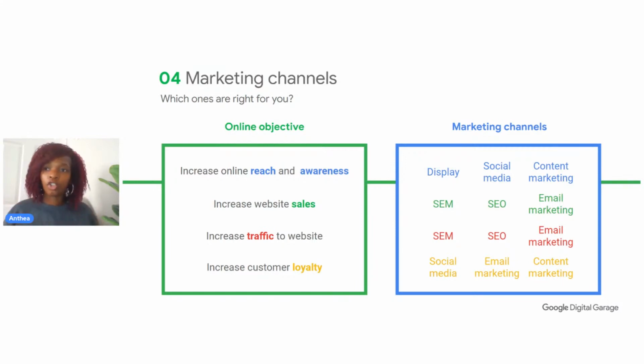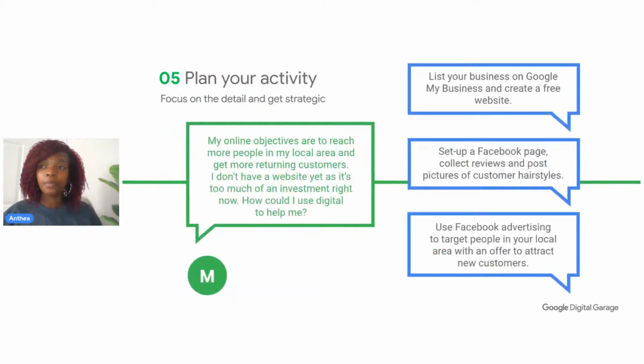If you want to increase traffic to your website, again, you might want to pay for that, improve your SEO, and also include links in your emails so that your customers go back. And if you want to increase loyalty, again, you've got social media, so people keep signing up to your profile, keep coming back, email marketing, and also content marketing.